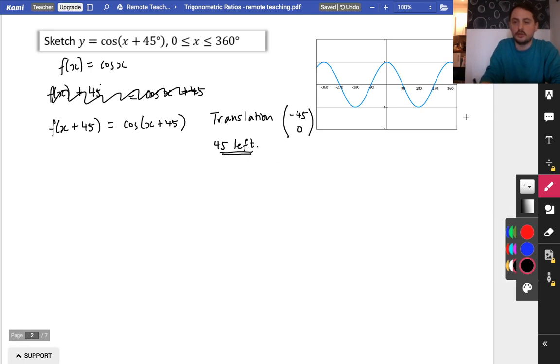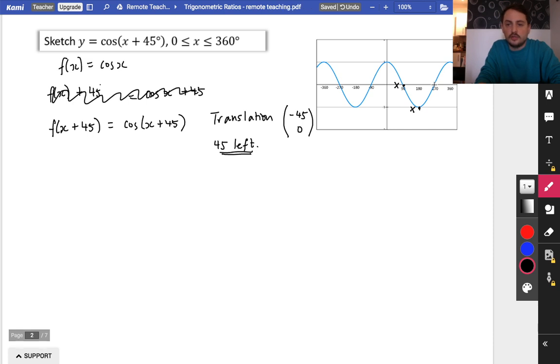So here's the cosine graph that I've got as a bit of a helping hand. It's just useful to think about where the key points actually are. So it crosses at 90, which means in our new one, it's going to cross at 45. The bottom bit is at 180. So in our new one, the bottom bit is going to be at 180 minus 45, which is 135.